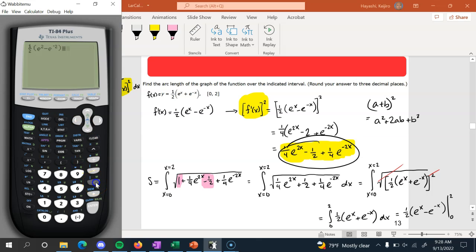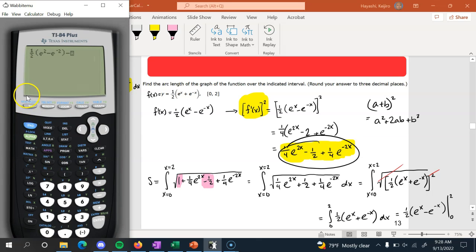And in this case, plugging in 0 will still cause it to be 0, but I'm still going to write it anyways.